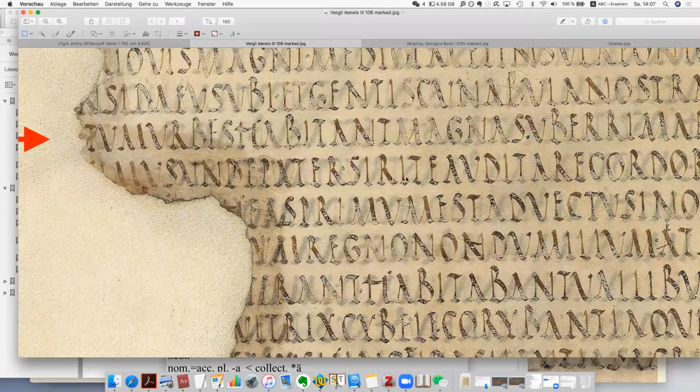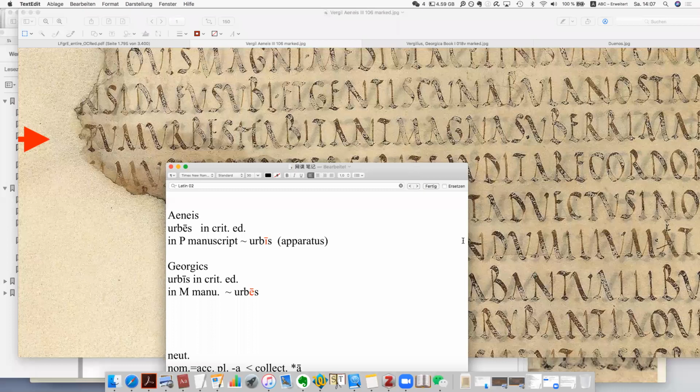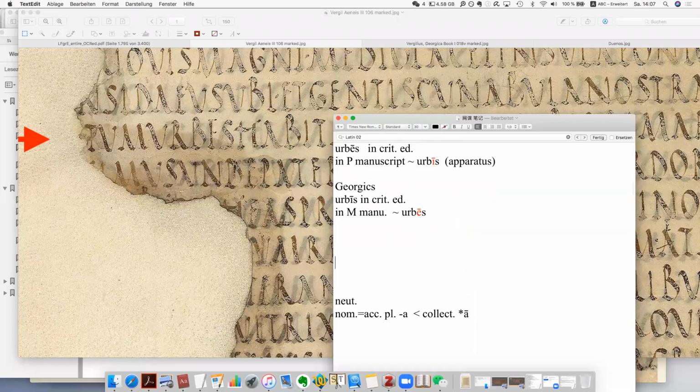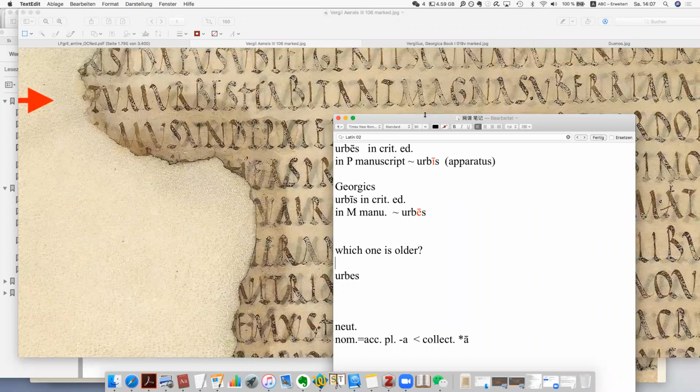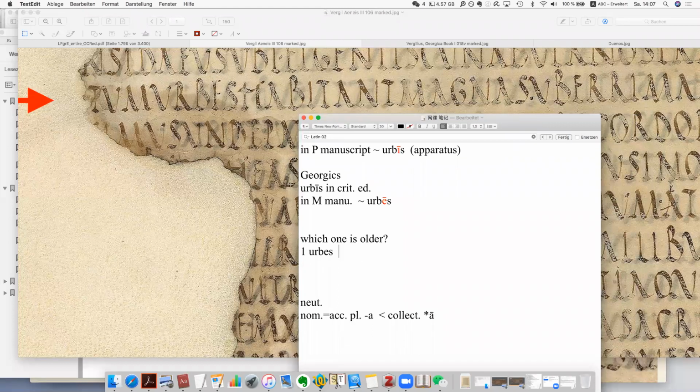And so before we make a stop, this is my question. Which one is older? So I leave the manuscript here. One is Urbis, two is Urbis.